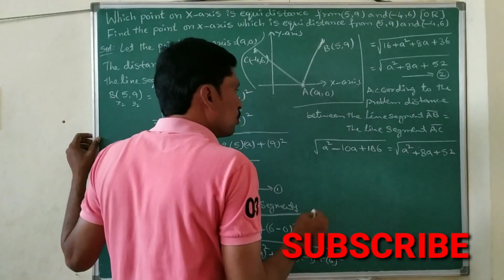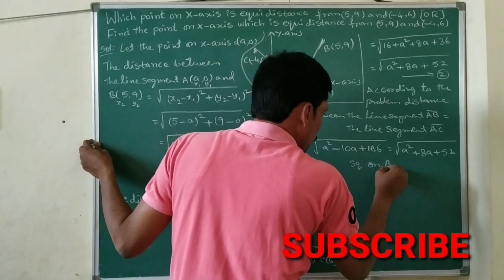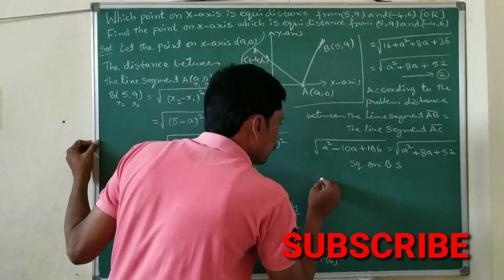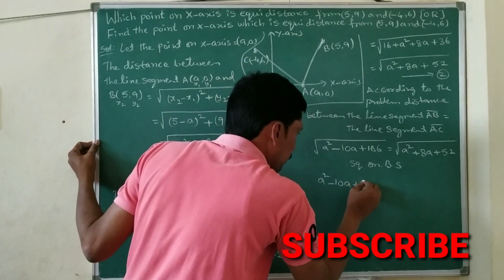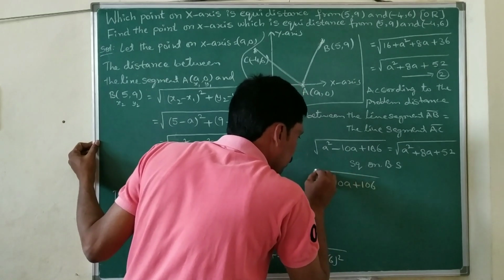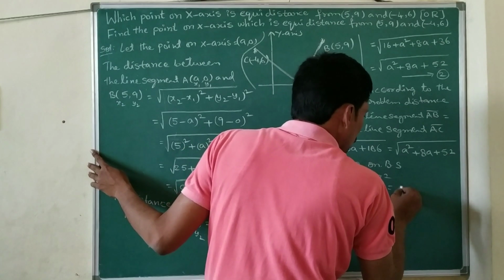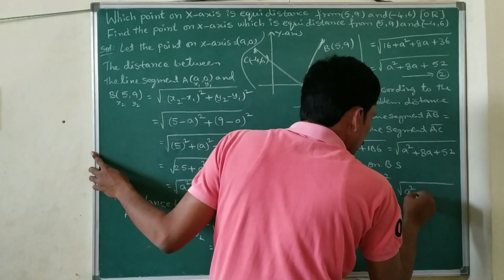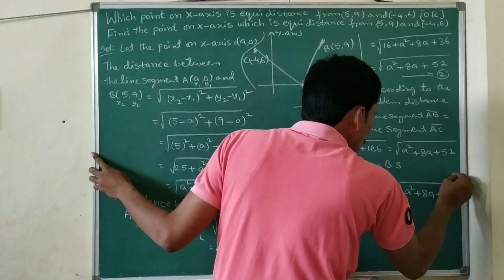Now we take squaring on both sides, so a square minus 10a plus 106 under root whole square equals under root a square plus 8a plus 52 whole square.